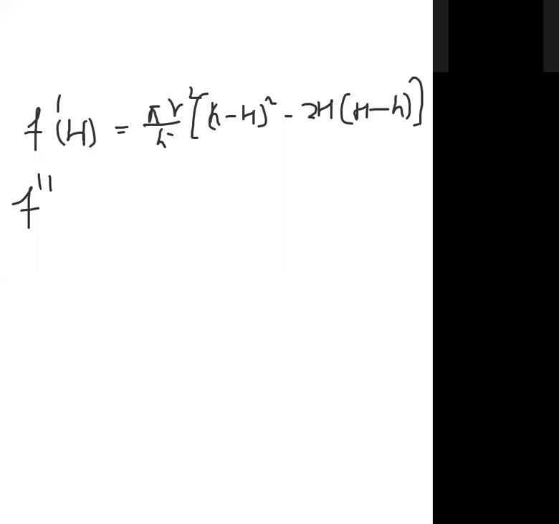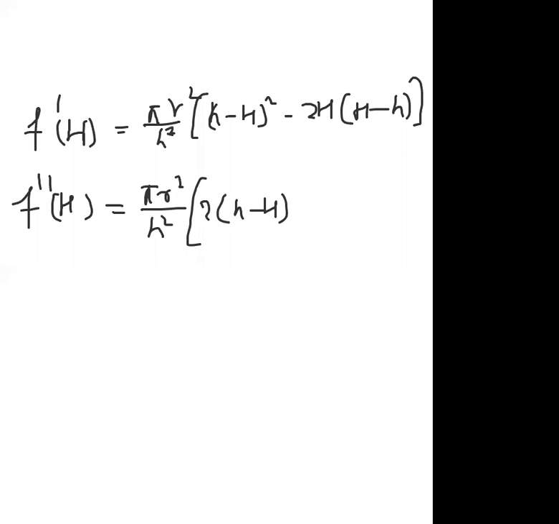F double dash of H equals pi R square upon H square. Now it becomes 2H minus H. Then it becomes 0 minus 1, minus 2H will become 1.